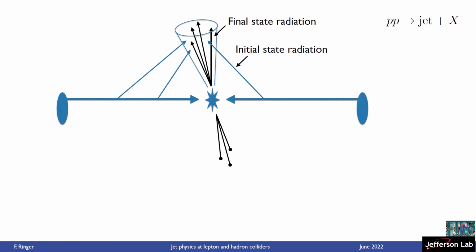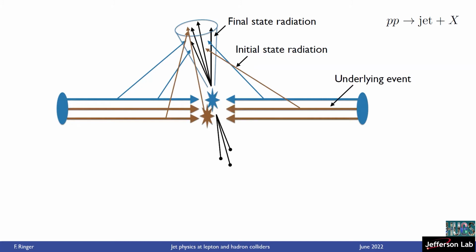That fills the entire event, and some of it will land in that jet. And that's something we wouldn't account for if we only think of a quark or a gluon that starts here and produces the jet. That's very difficult to take into account.